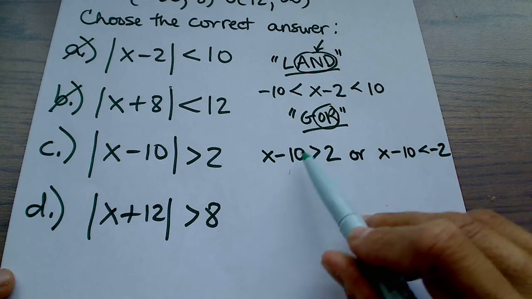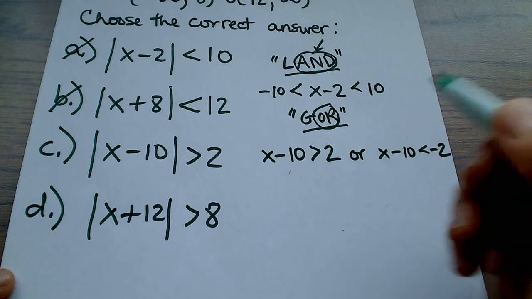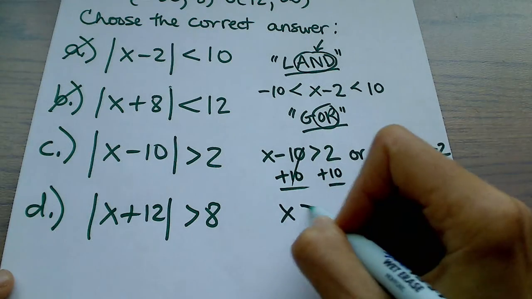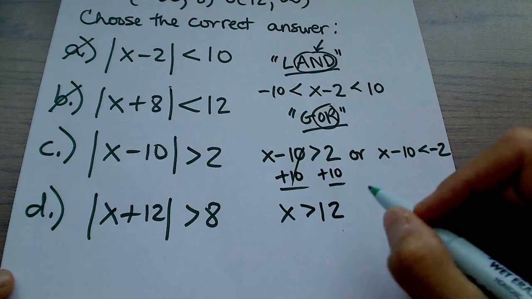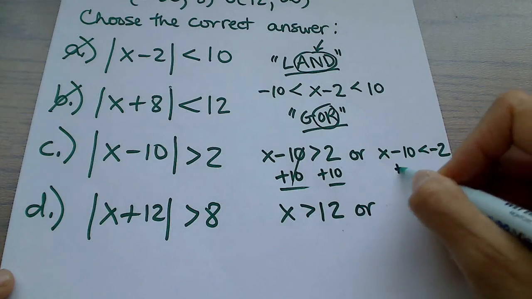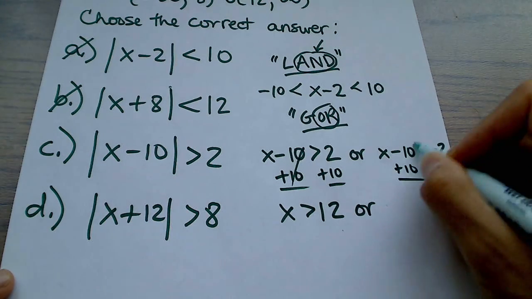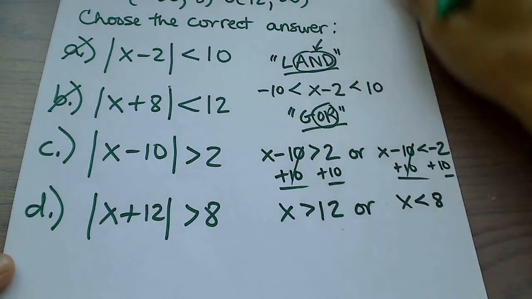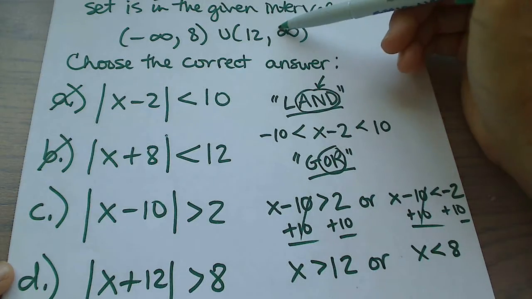So for this particular example, if I were to continue to solve this and add 10, I would see that x is greater than 12 as part of my solution, and x is less than 8 is also a part of my solution. And you can see up here that that's actually the solution.